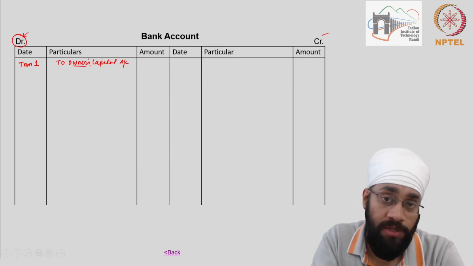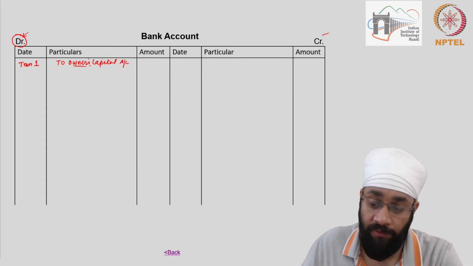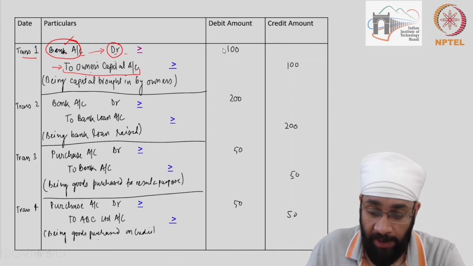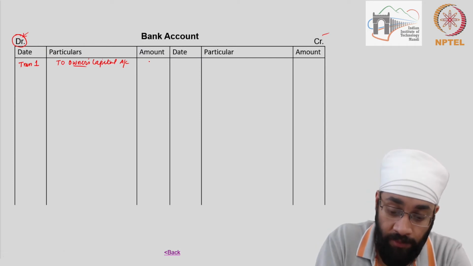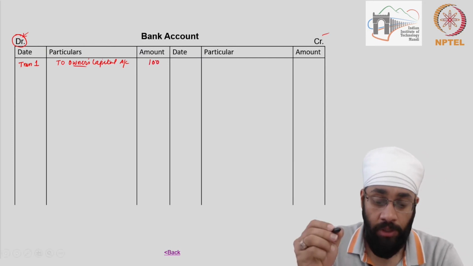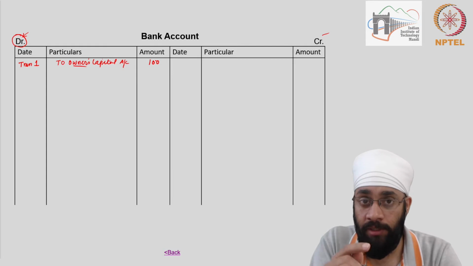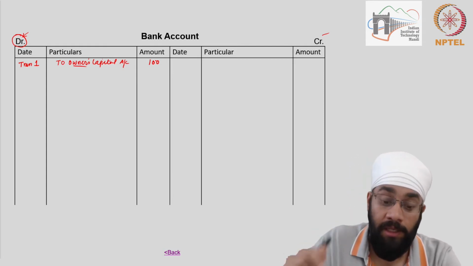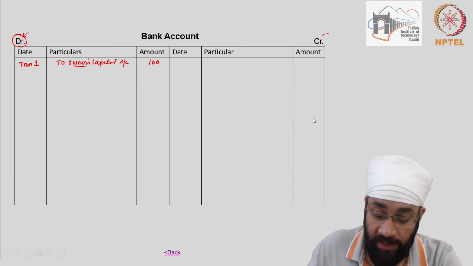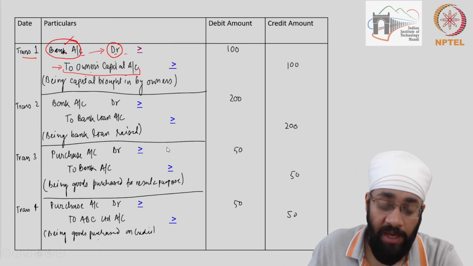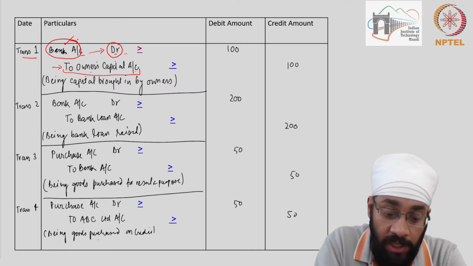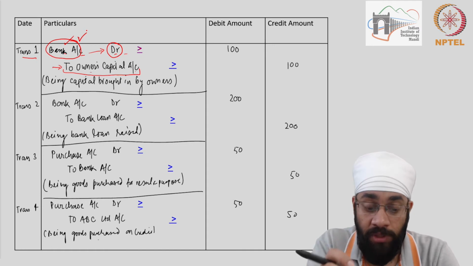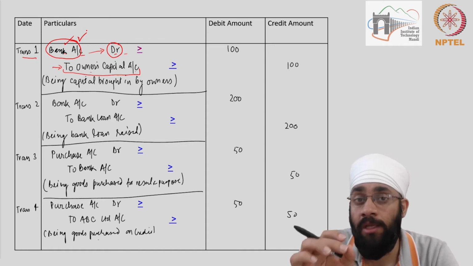This is also the shareholders account, so it's one and the same thing, don't get confused there. The amount is 100, so I write the amount 100. This completes one small step in ledger posting. We looked at the first transaction, and now we have posted it in the bank account.